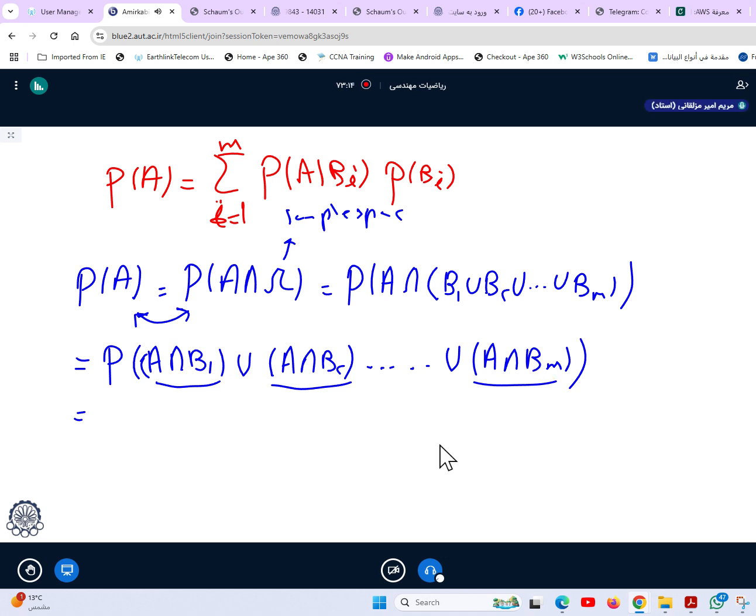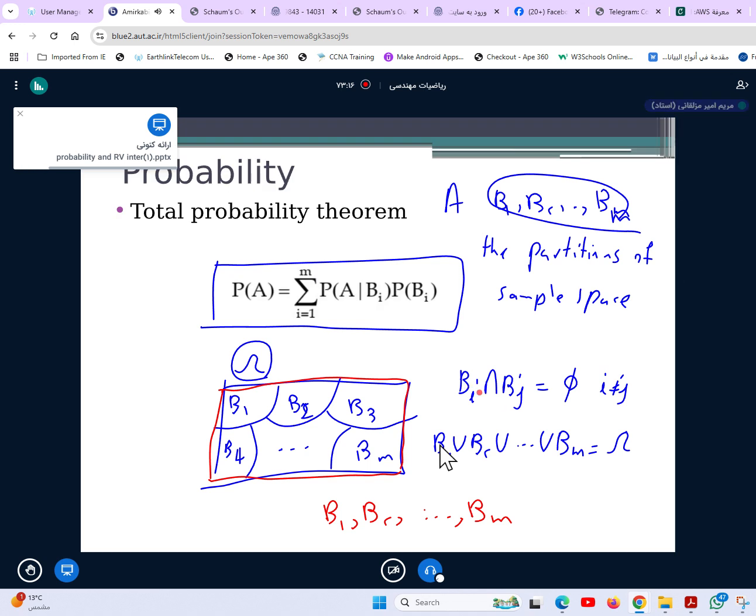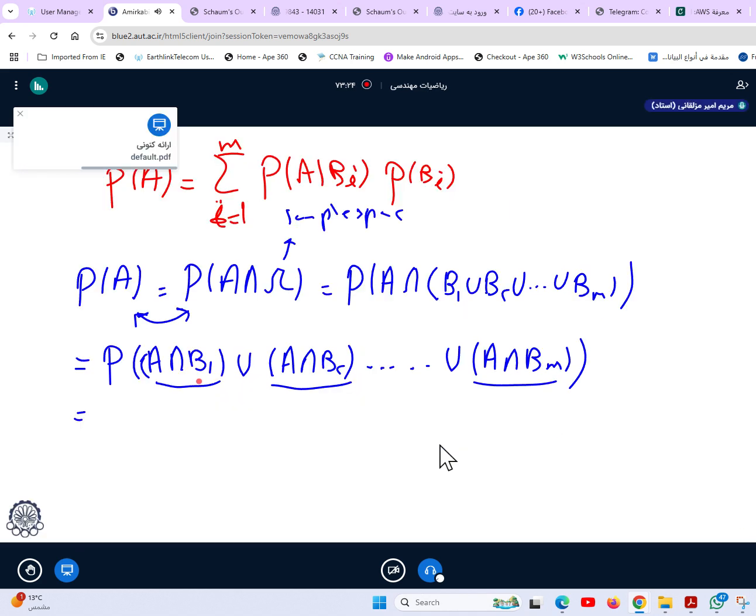We mentioned that intersection of Bi and Bj is empty. So the intersection of these sets are empty too.